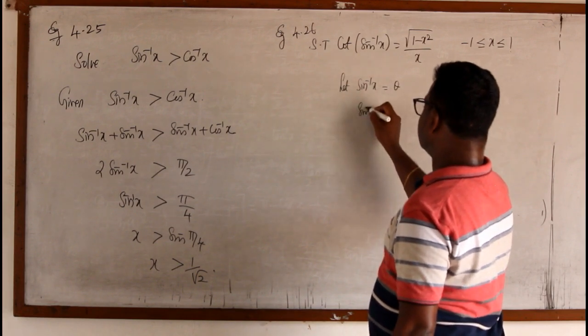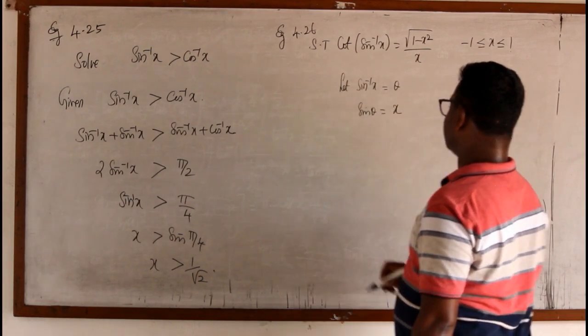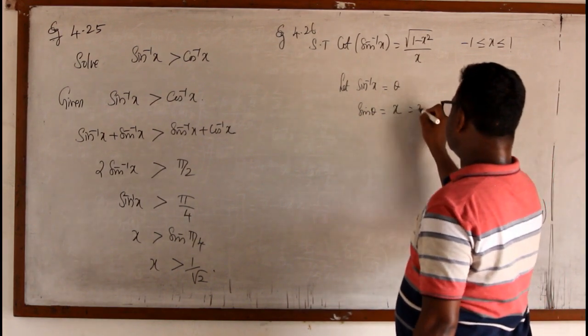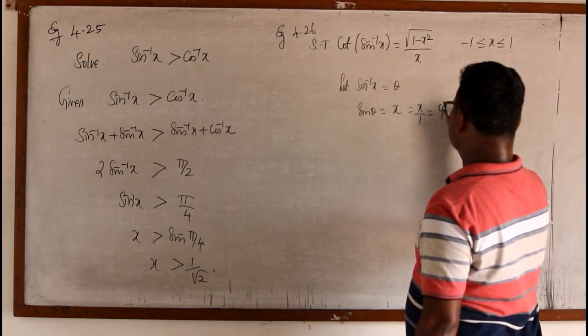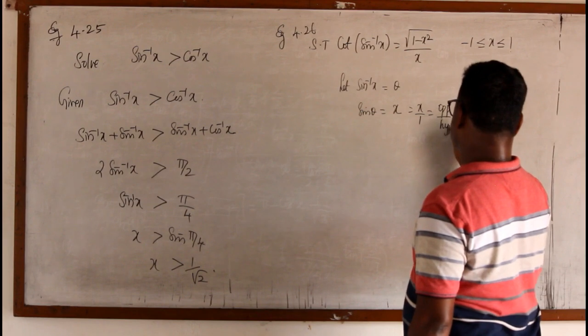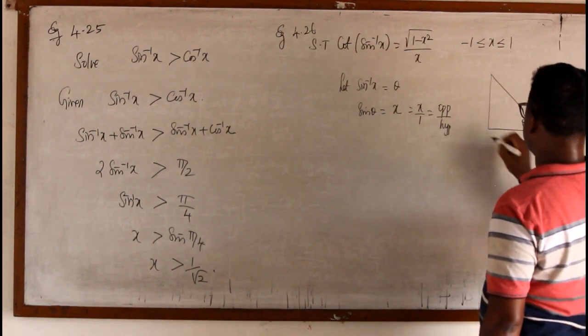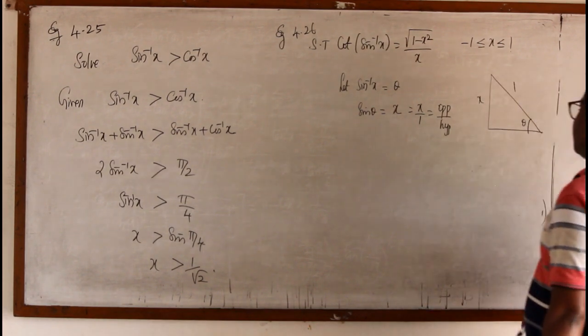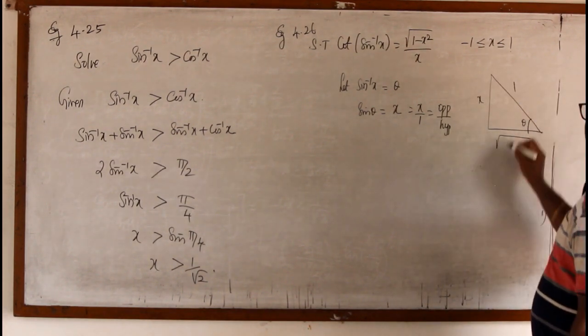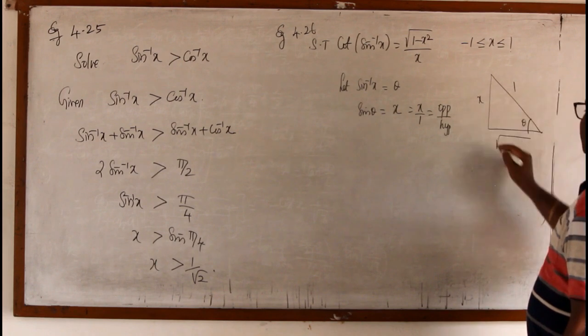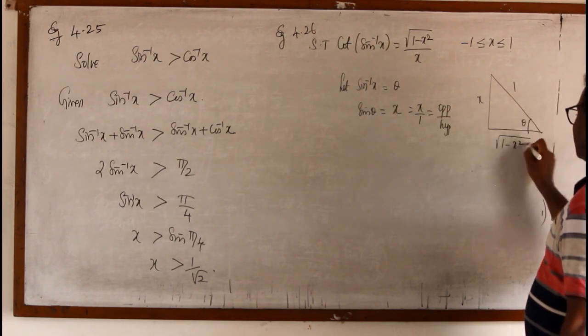Then sin theta equal to x. That means it is x by 1, that is opposite by hypotenuse. Draw a triangle, and if this is theta, opposite side is x, hypotenuse is 1, and the adjacent side is root of 1 minus x square.